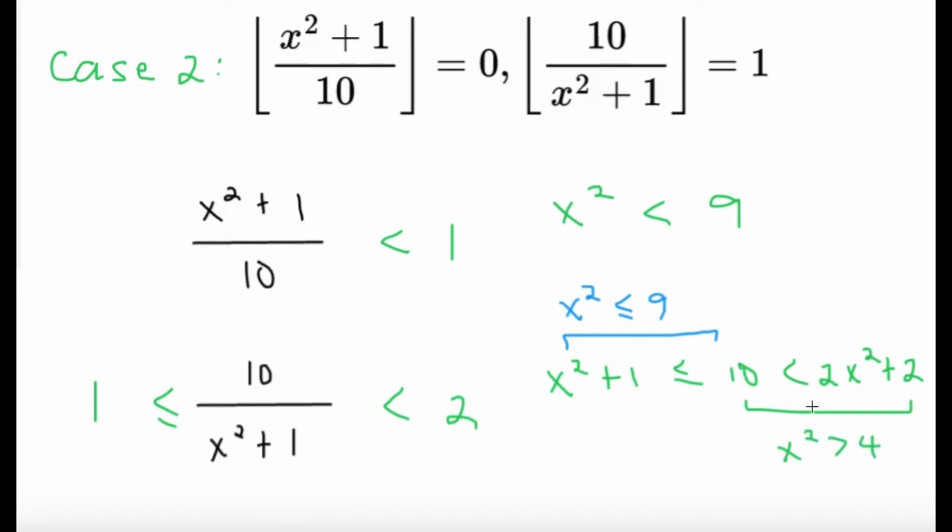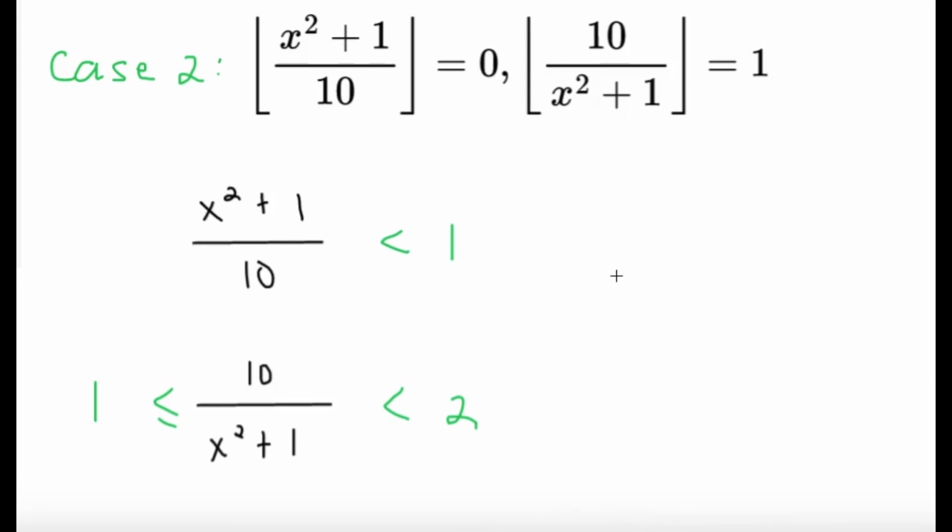Now if I combine these two, because these came from the same inequality, I'll be getting 4 less than x squared and then less than or equal to 9. Now we can use the technique here. We can just combine these two first before solving for x. So x squared less than 9 and 4 less than x squared less than or equal to 9. Combining them, we're going to get 4 less than x squared less than 9.